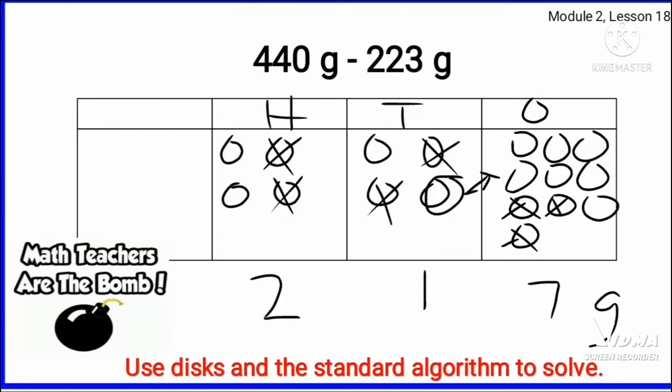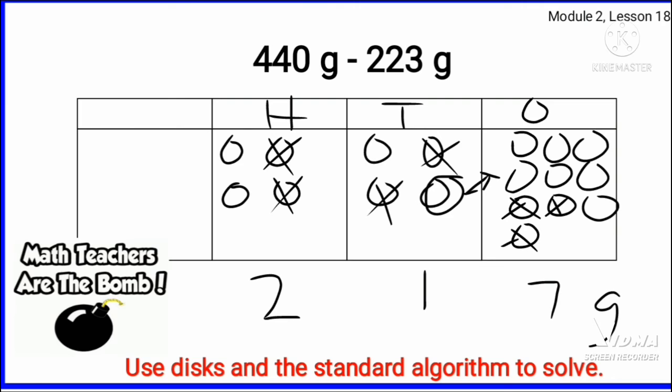Let us solve one more. 440 grams minus 223 grams. Look at my place value chart. I'll write out my 440 grams.